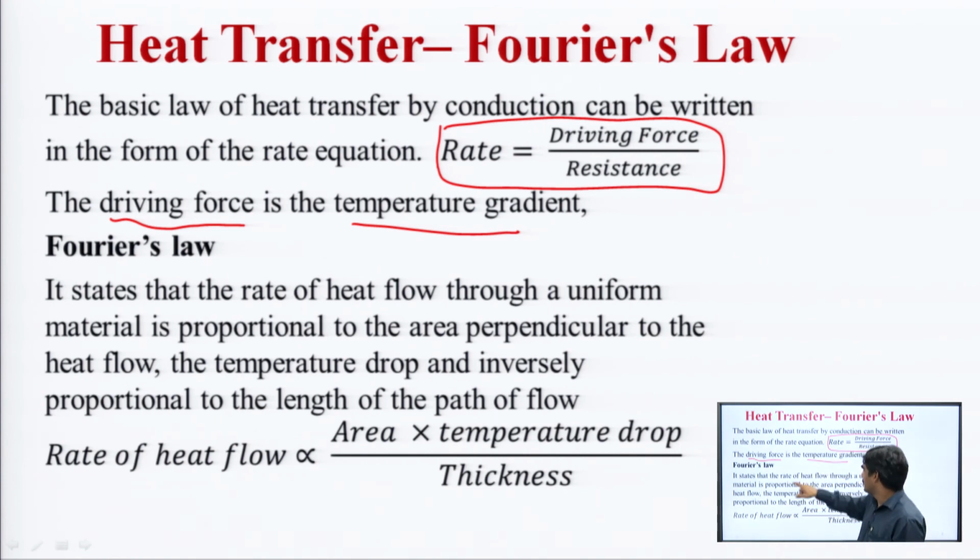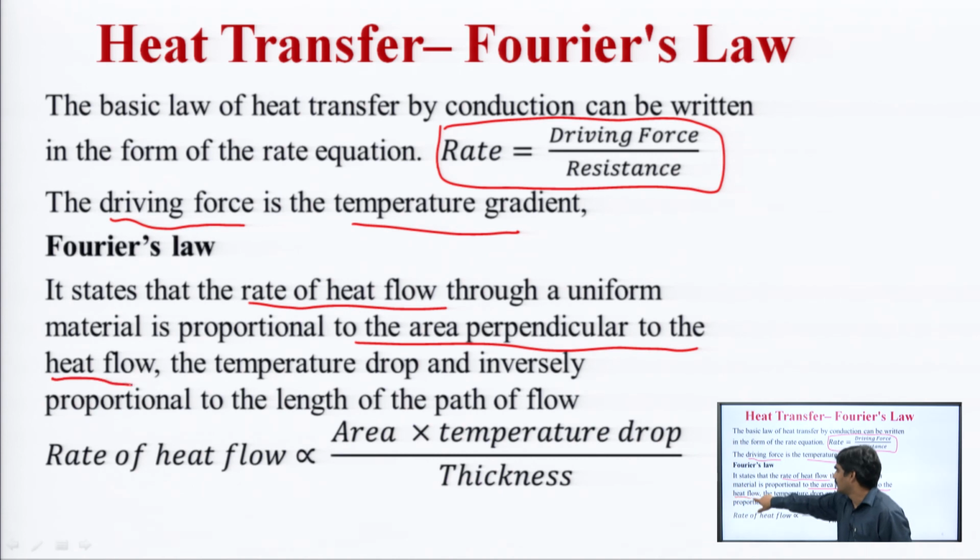According to this law, rate of heat flow through a uniform material is proportional to what? Area perpendicular to heat flow. That means, rate of heat flow through a uniform material is proportional to the area perpendicular to heat flow.